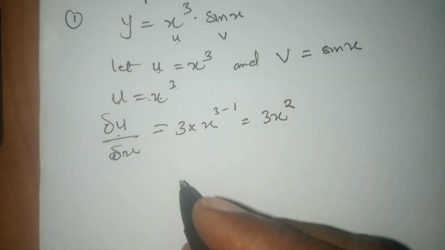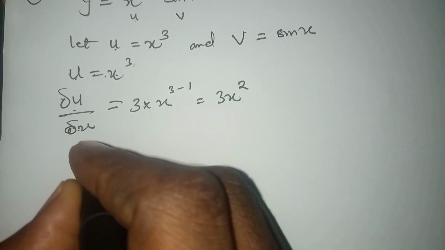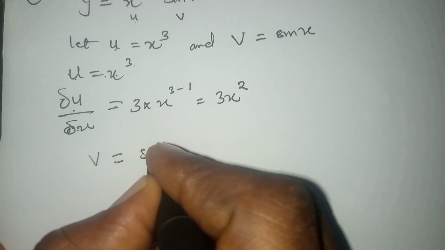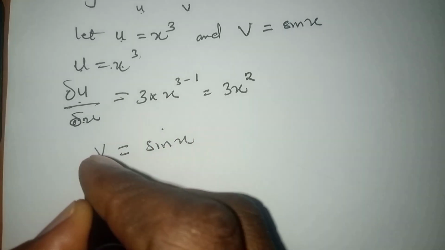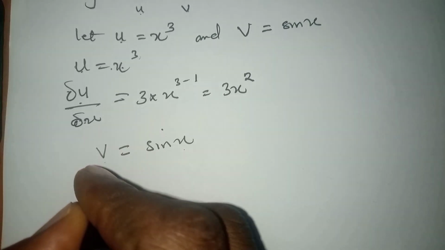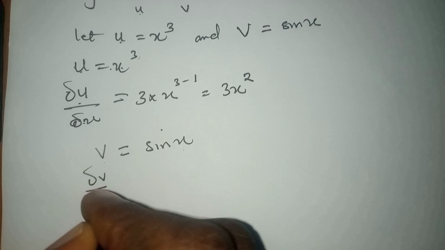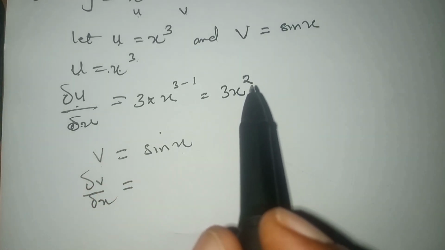And the second one, don't forget. The second function, v equals sine x. So let's differentiate this v with respect to x. Now, dv/dx equals, you know, sine x is one of the special derivatives.